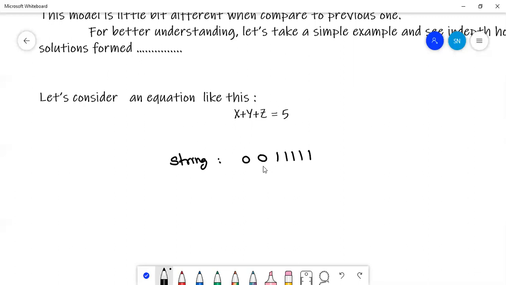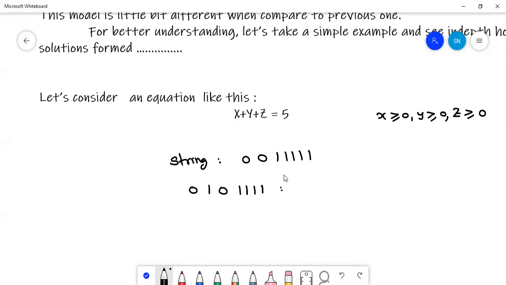Let me explain how this string will help us find non-negative integral solutions of this equation. That means here each of x, y, z can be greater than or equal to 0, whereas in the previous case, x, y, z were greater than or equal to 1. Suppose there is an arrangement of this string as 0, 1, 0, 1, 1, 1, 1.